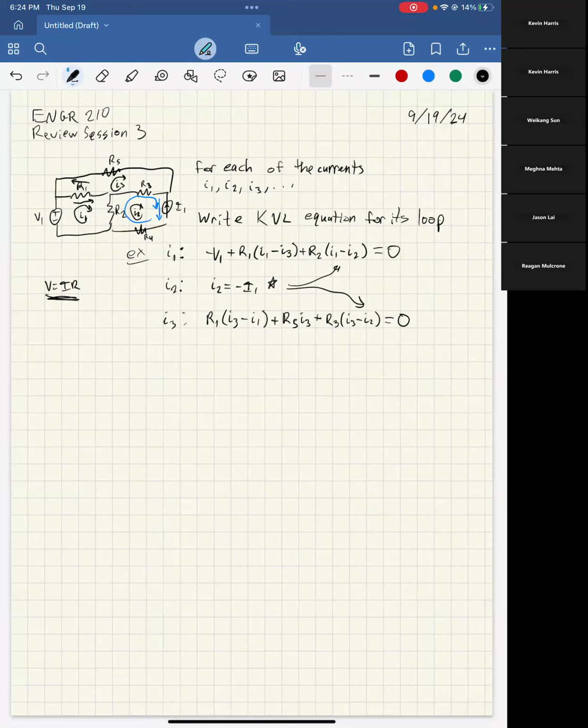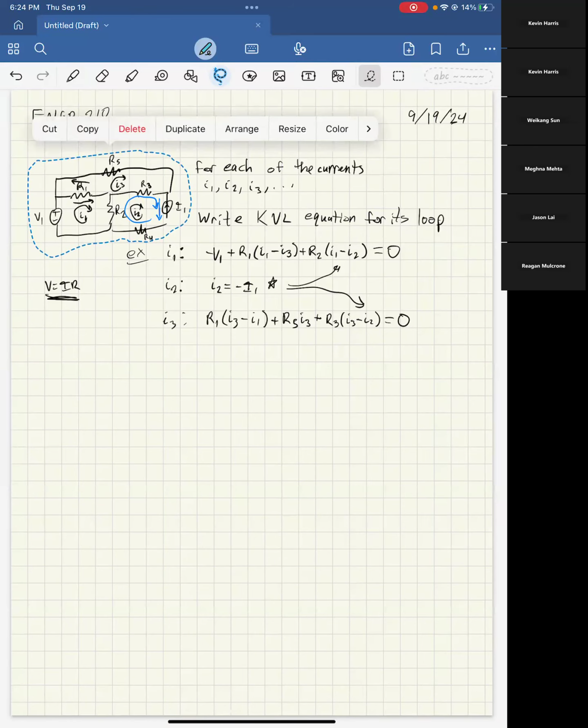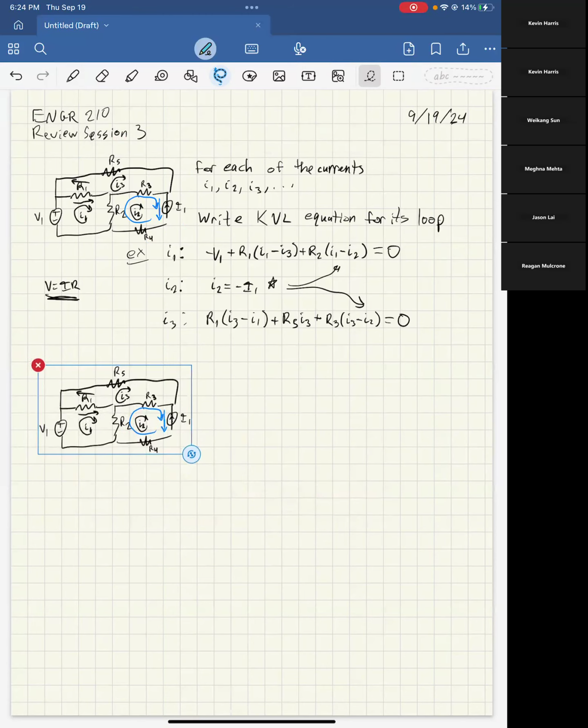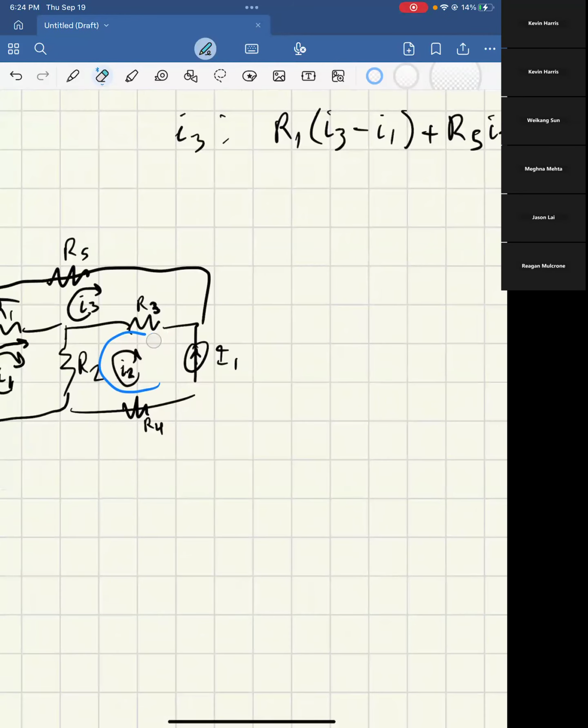The other thing about mesh current is that similarly to how we had a super node, we have this concept of a super mesh. Let me erase quite a bit. So let's pretend that this R2 was instead another voltage source, like V2.